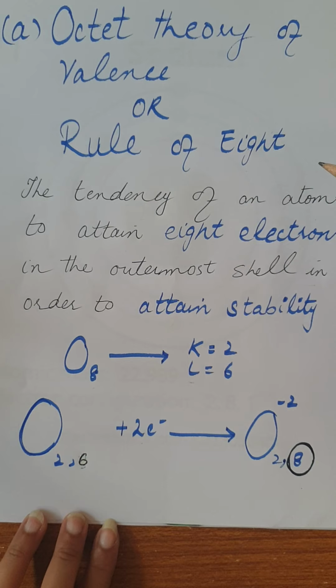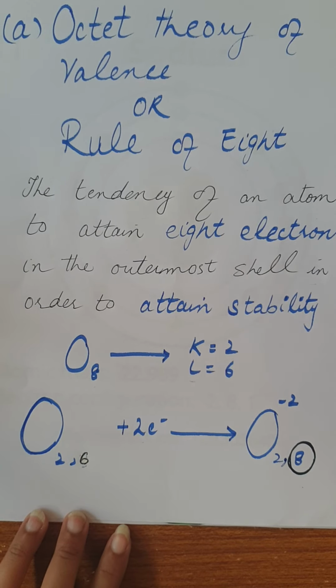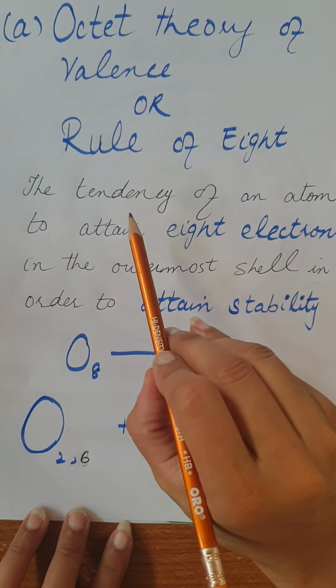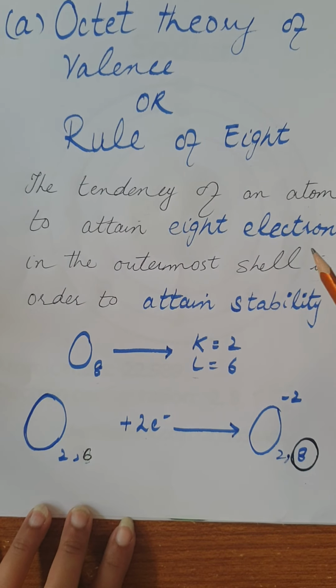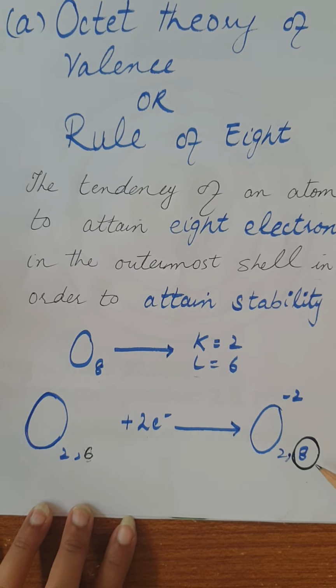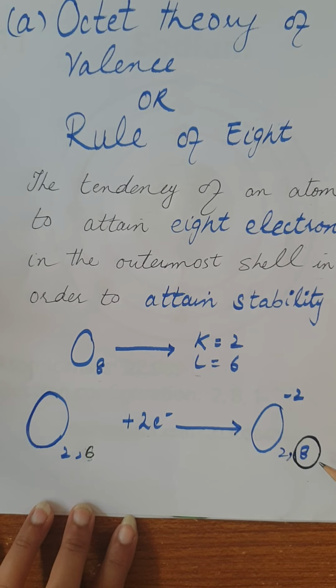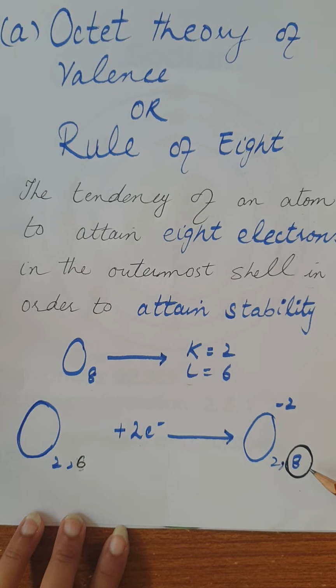So the octet rule, octet theory or rule of 8 may be defined as the tendency of an atom to attain 8 electrons. In the case of oxygen, the outermost orbit, the valence shell, contains 8 electrons. And why do they contain 8 electrons? Because they want to stabilize themselves, because they want to gain stability.